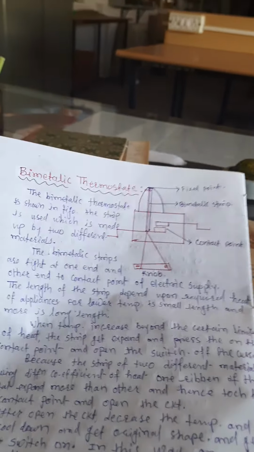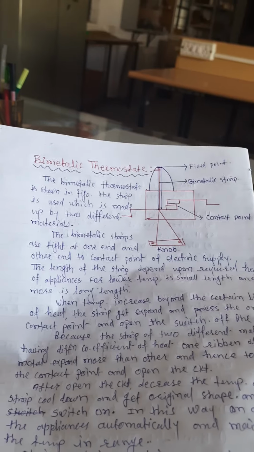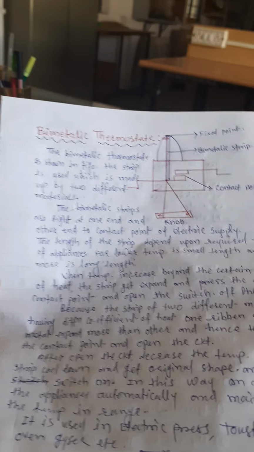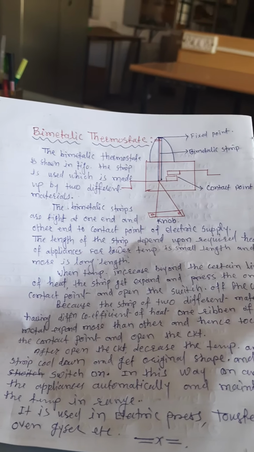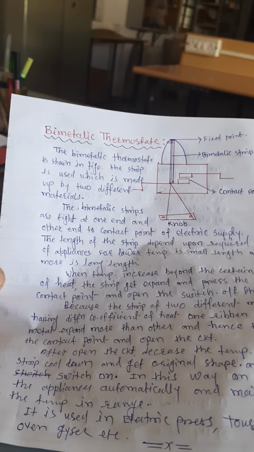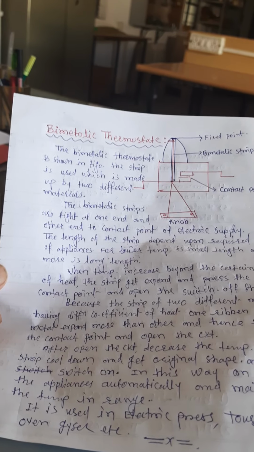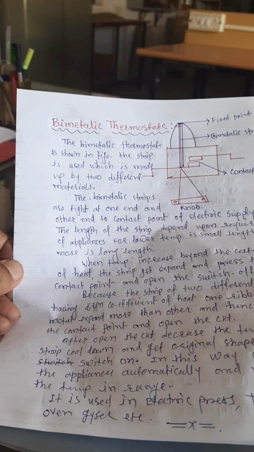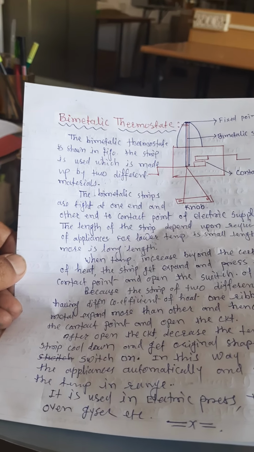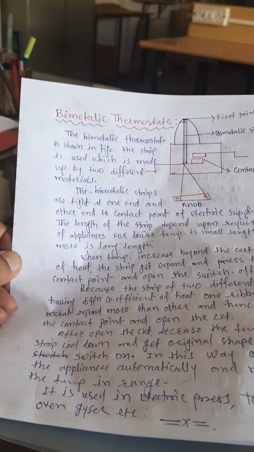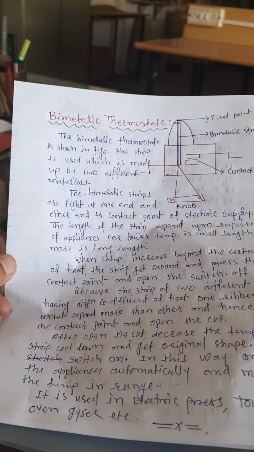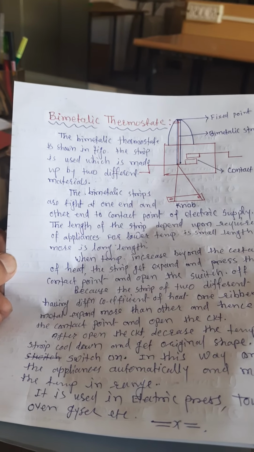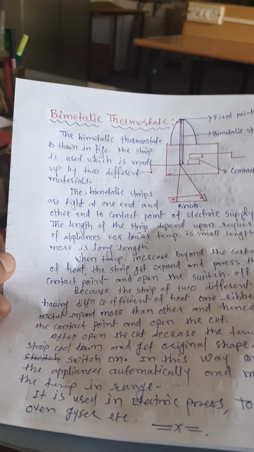It has two strips, meaning two types of metals having different coefficients of expansion. When it is fixed in an appliance and the temperature gradually increases, the metallic strip also heats up, and the strip bends at the other end, giving a curved shape.